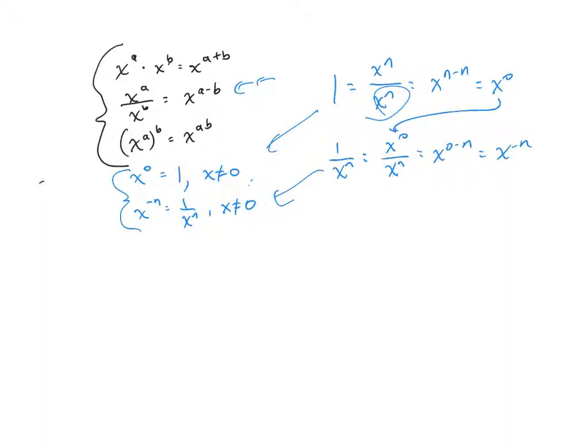Now, there is a new rule that I want to talk about, and it's what happens when you have a fractional power. By the way, another way of saying fractional power is rational exponent.